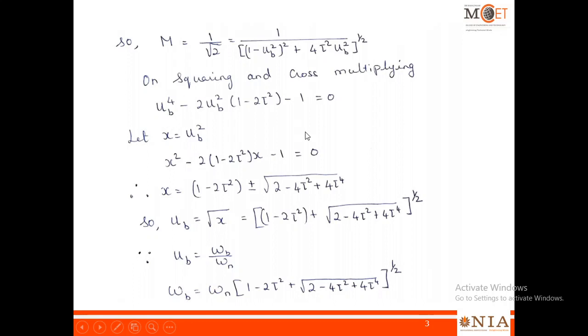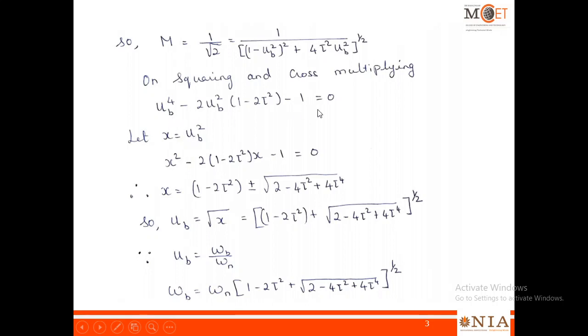To solve this equation, we have to introduce another variable, x, where x is equal to ub square, so that I can bring this equation down to a quadratic equation format.